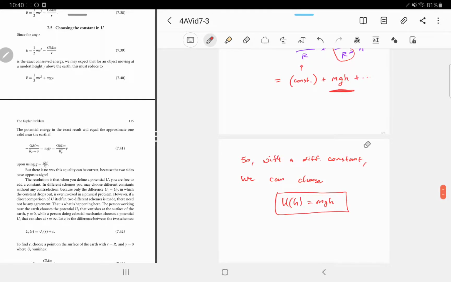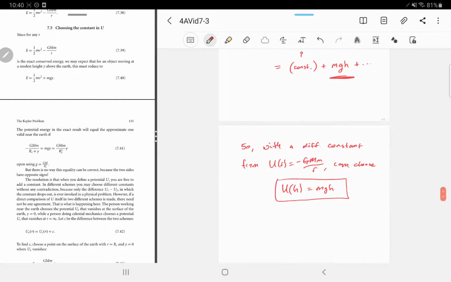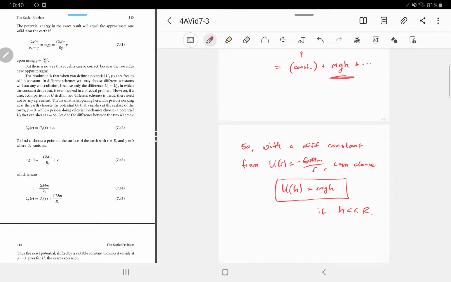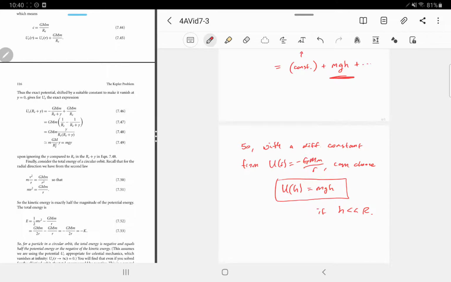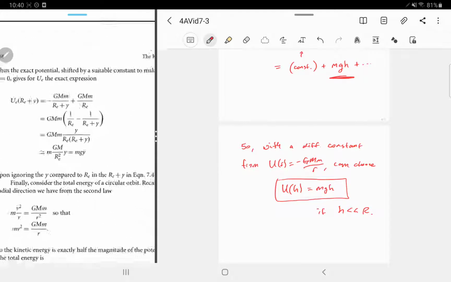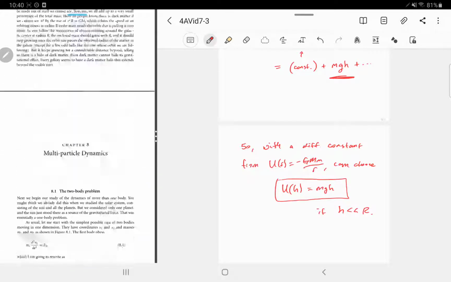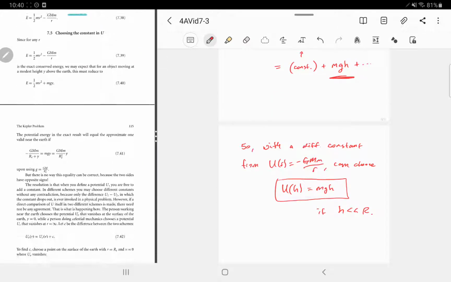With a different constant from our normal potential energy function, U of r equals minus G m1 m2 over r, we can choose this to be our potential energy function only if we're sticking to points near the Earth's surface. In other words, this section is justifying why we could use mgh, or they might call it mgy, in previous sections, like when we were doing conservation of energy problems.